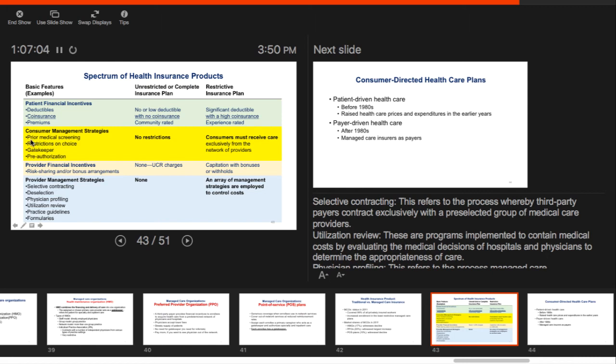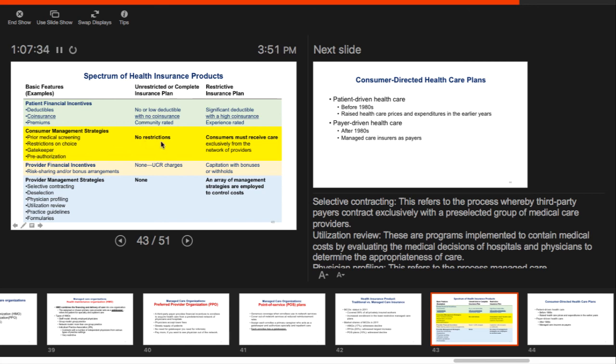Now, the second basic feature is the consumers' management strategies, that is, when the patient is deciding about different medical care, such as screening or the choice of providers. There was no gatekeeper before the 1980s.